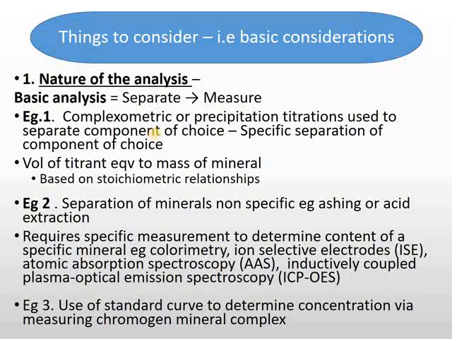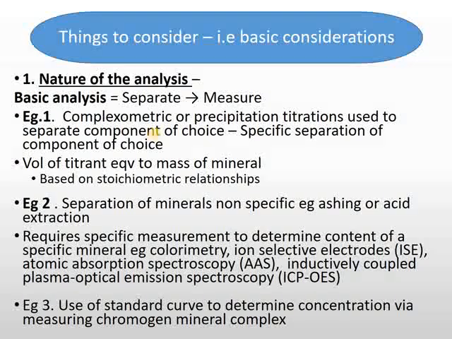It's like you just extract it, but when you extract it, it will be found in a precipitate. Then you can get that specific analyte that you're looking for. In those types of reactions, the volume of the titrant will then be equivalent to the mass of the mineral, and that is based on the stoichiometric relationship, as to this one reacting in a 1:1 or 2:3 ratio or whatsoever.